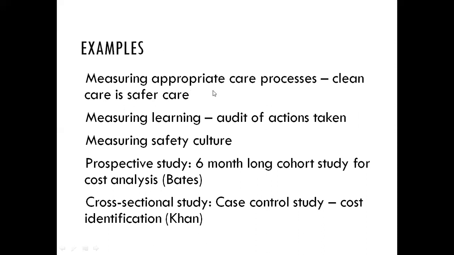Now let's talk about certain examples of outcome measures. When you want to measure appropriate care process, you could go for clean care is safer care. What is the learning? You could talk about audits of action taken. You could measure the safety culture for a prospective study, a 6-month long cohort study for cost analysis, or you could go for a case control study for cost identification as done by Khan.